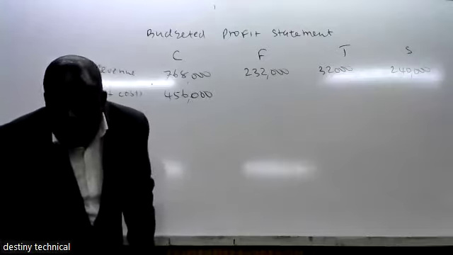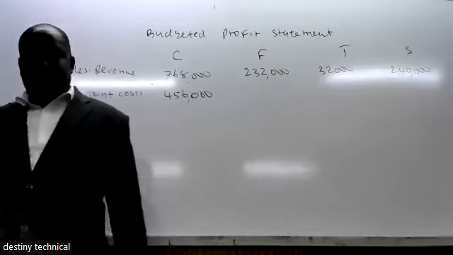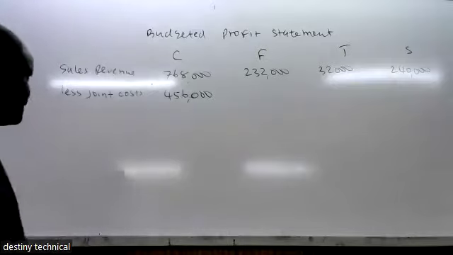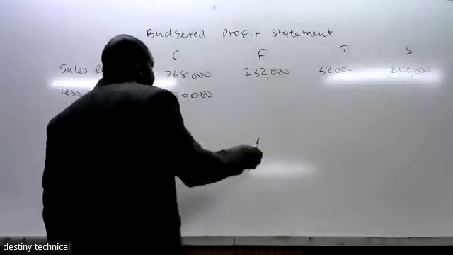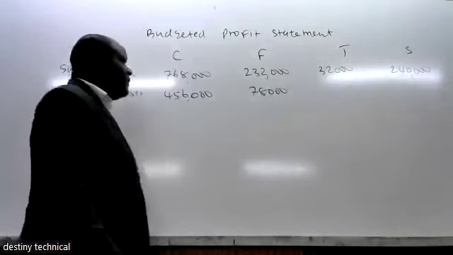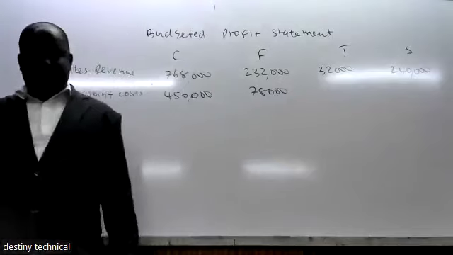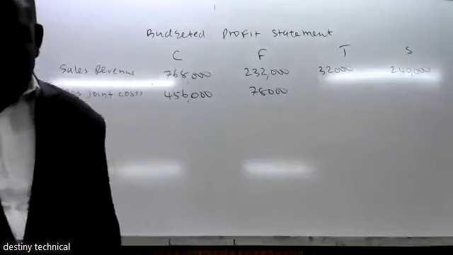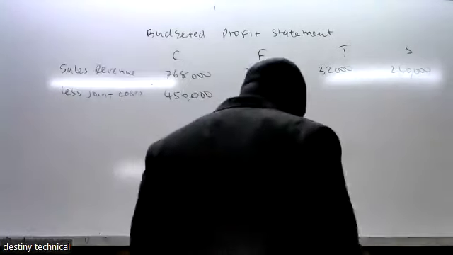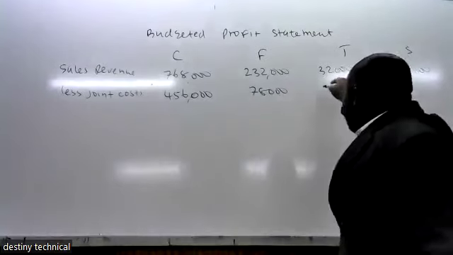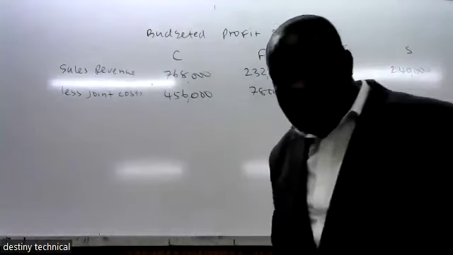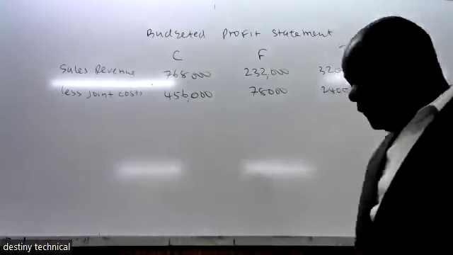For F, I've seen 78,000. T, 24. Then S, 174.